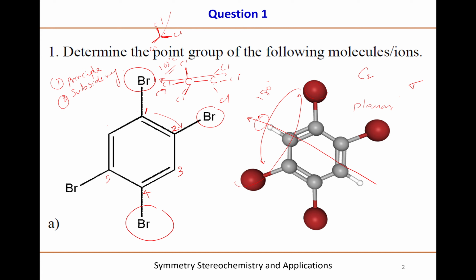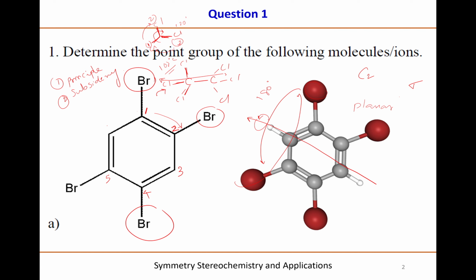Here these three chlorides are looking this way. So if I rotate this by 120 degrees, this chloride 1, 2, 3, one will go to the position of 2, 2 will go to the third position, and third will go to the first position.